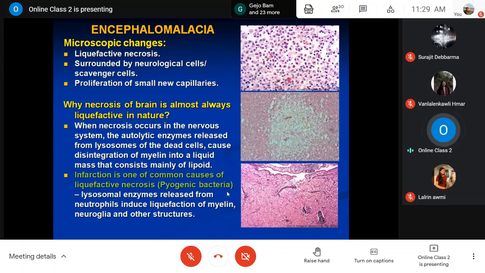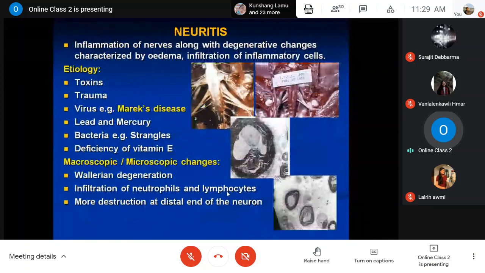Then number 3, which is not mentioned here, is the presence of cerebrospinal fluid. So these are the reasons why necrosis of the brain is always liquefactive in nature, right?